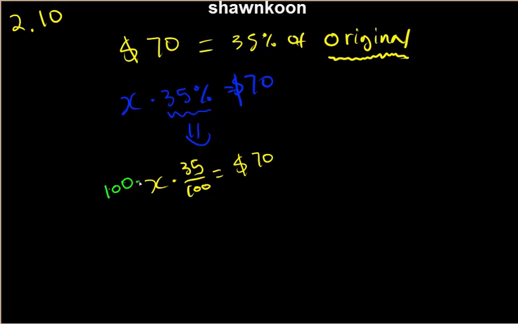When we multiply by 100 on both sides, we cancel this, and we're left with 35x equals 70 times 100, which is 7,000. The next thing we have to do is divide by 35 on both sides.